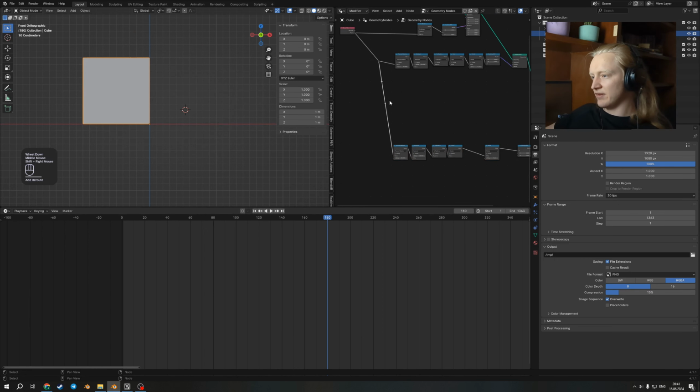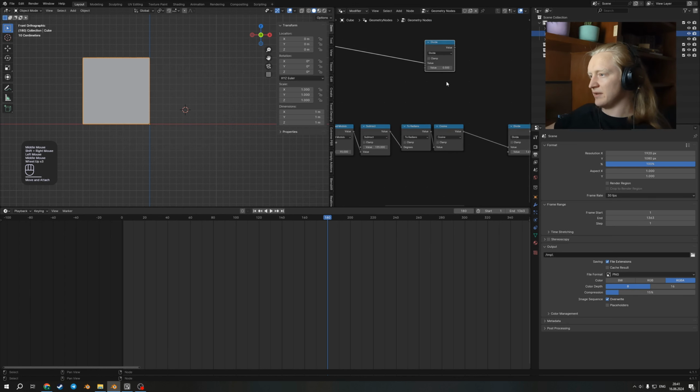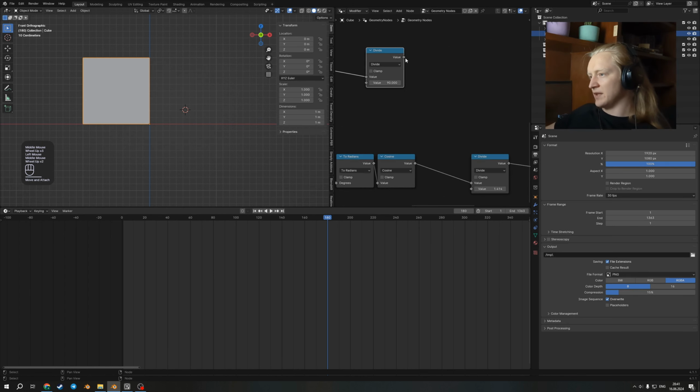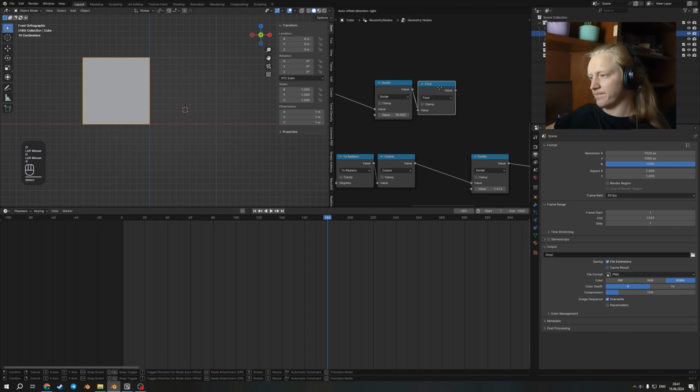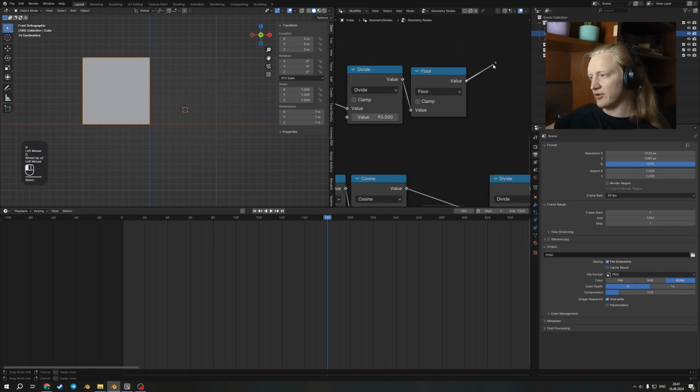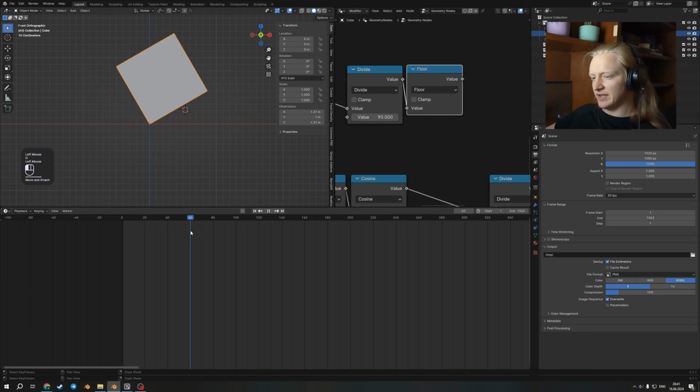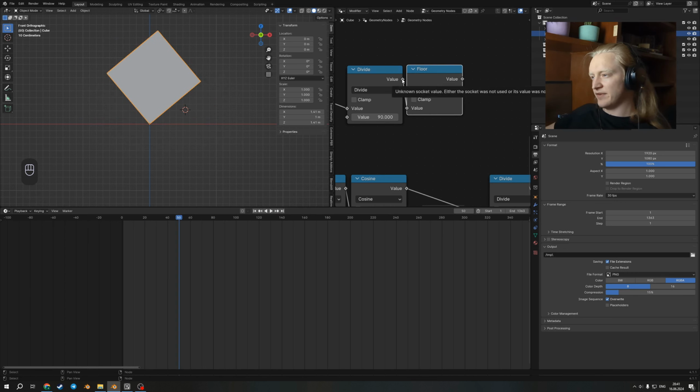For that, we just divide it by 90 and floor, just so that the output here is always a whole number. If it's like here, the value is like 0.5 something, so here the value is going to be 0.